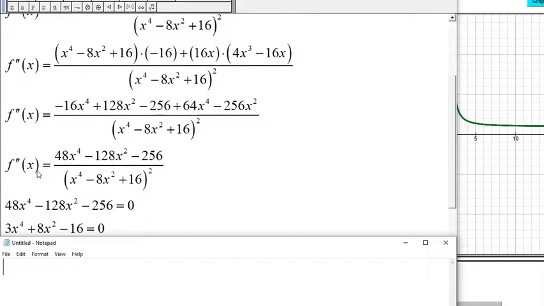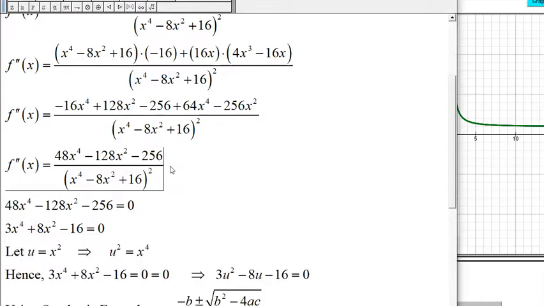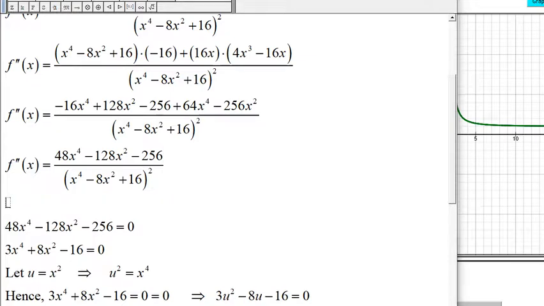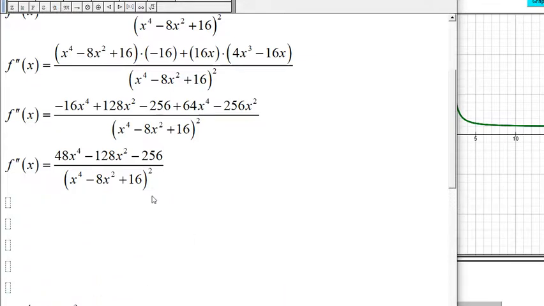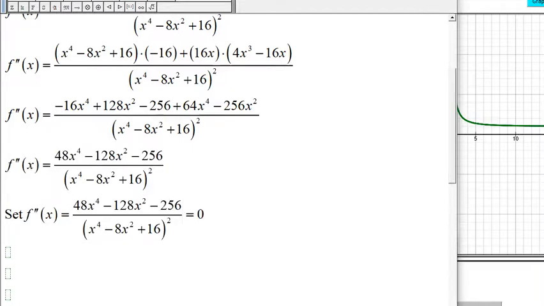To find the concavity and points of inflection, we need to set the second derivative equal to 0. And so if we set this equal to 0, then the top will equal 0.